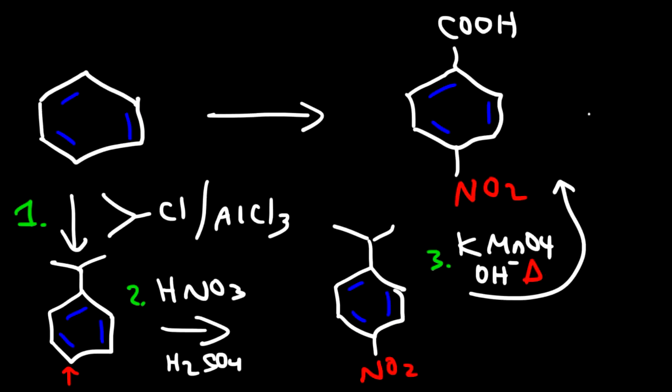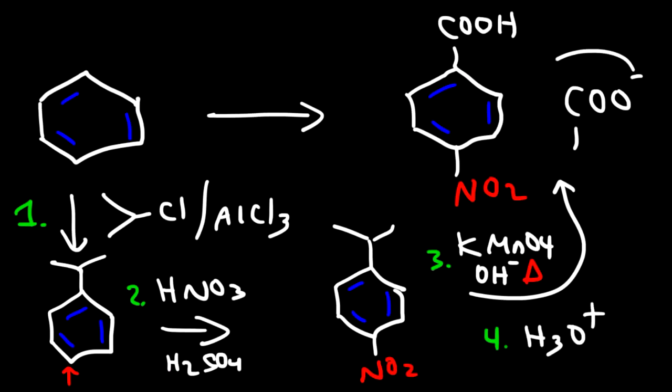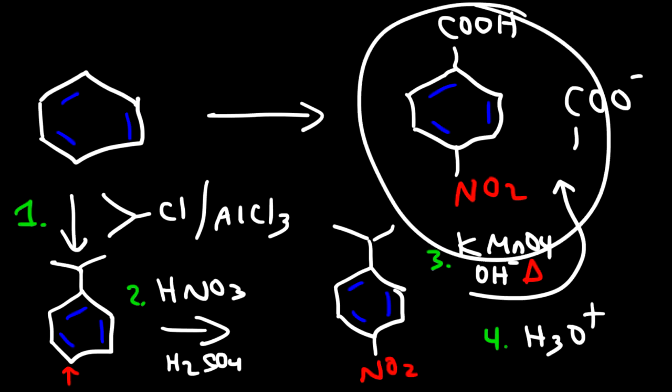So that's going to give us a deprotonated carboxylic acid group. So to get it protonated in the fourth step, we need to acidify the solution. We don't want benzoate, we want benzoic acid with the NO2 group. So we need to use H3O plus in the fourth step. And so that's how we can make para-nitrobenzoic acid.